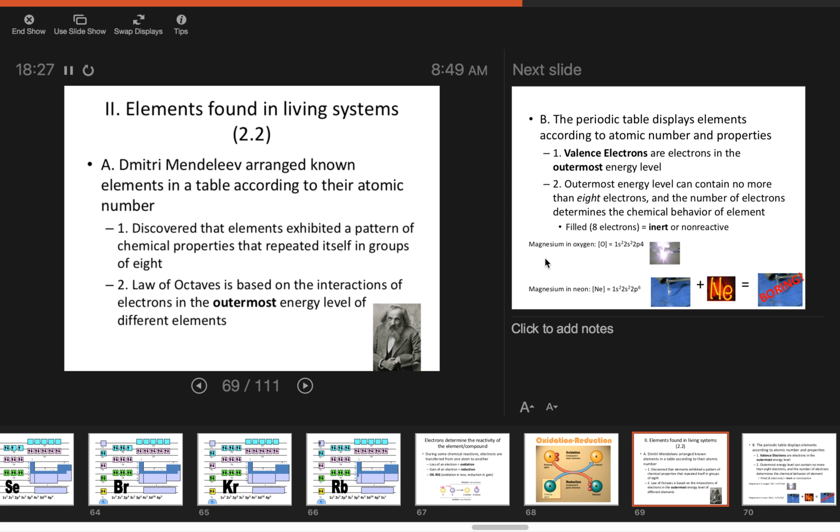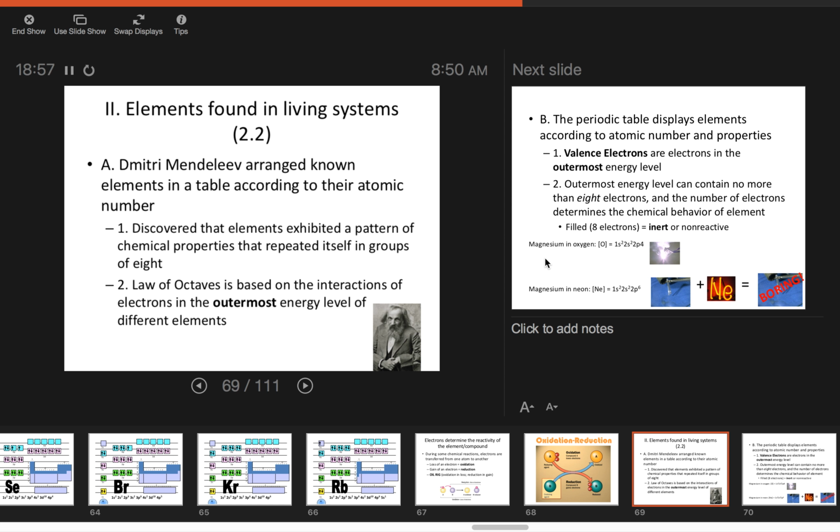He started to increase by number of protons, but he also looked at behavior, and he noticed that after every 8 elements you could see a pattern. So we call this the law of octaves. If you look at the periodic table, 1, 2, skip this, 3, 4, 5, 6, 7, 8, repeat. That's the law of octaves.